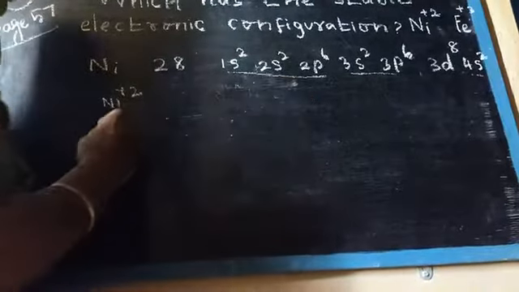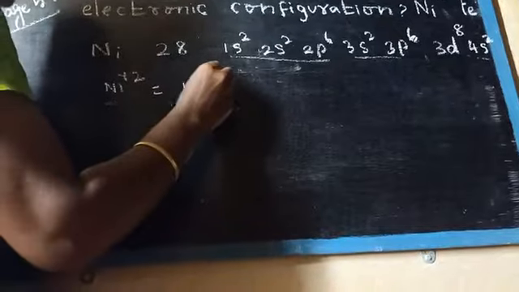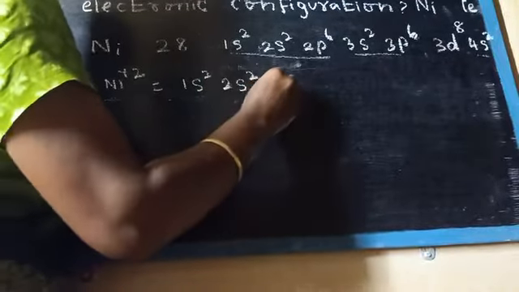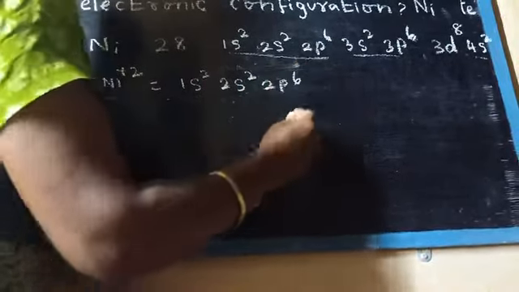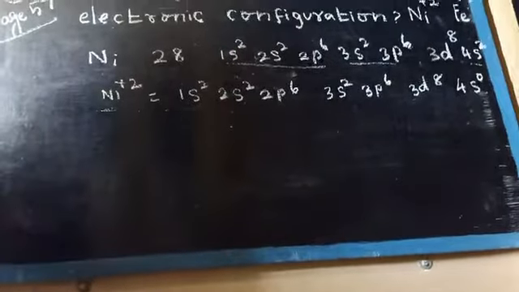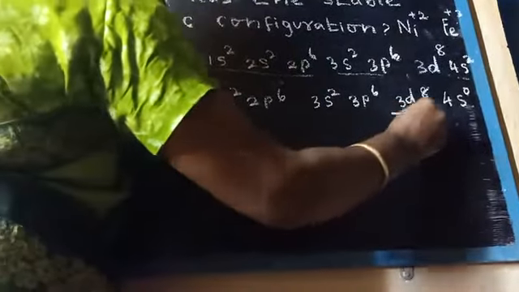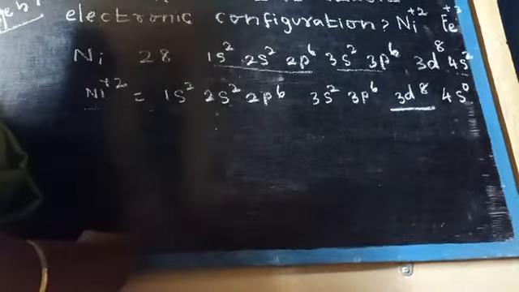Plus 2 means we lose the last 2 electrons. So what about the electronic configuration of Ni2 plus? 1s2, 2s2, 2p6, 3s2, 3p6, 3d8. Here the 4s2 electrons are lost. Very clear? So 3d8 is now the outer valence electron.